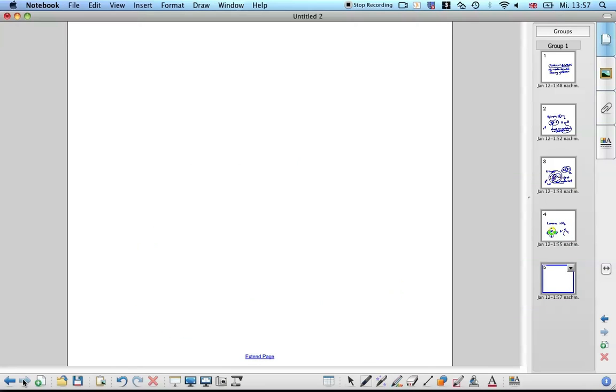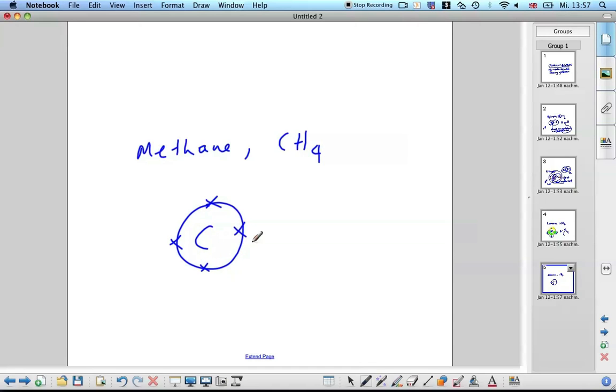How about another example? This time we're going to look at methane. And methane is CH4. Carbon is in group 4. 1, 2, 3, 4. Therefore, it will need to share with 4 separate hydrogens because each one of them will provide 1 electron.